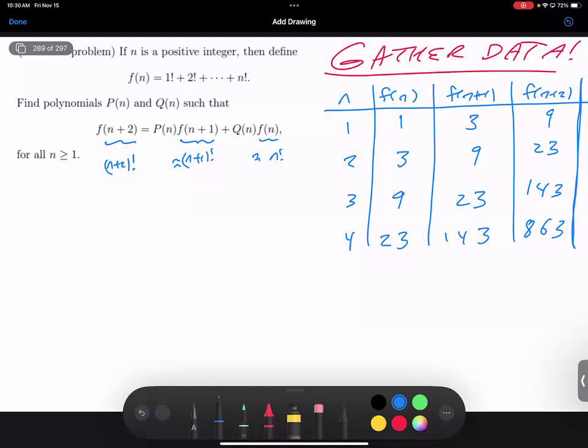And how much larger is it than Fn? N squared. So maybe if I'm looking at this, I might think maybe Pn is degree 1, Qn is degree 2. And that would get everything to be roughly of the same size.